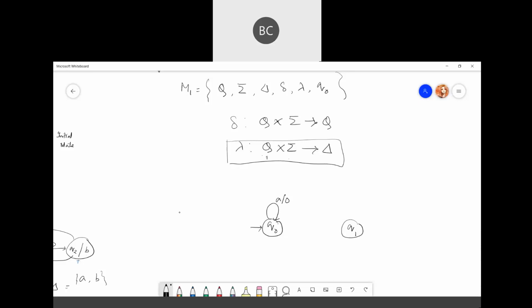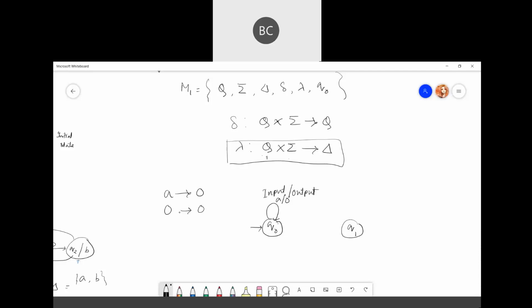That means this is the input and this is your output. We write it like this. For every input, there will be one output. Here, input is A and output is 0. For input 0, output is 0.